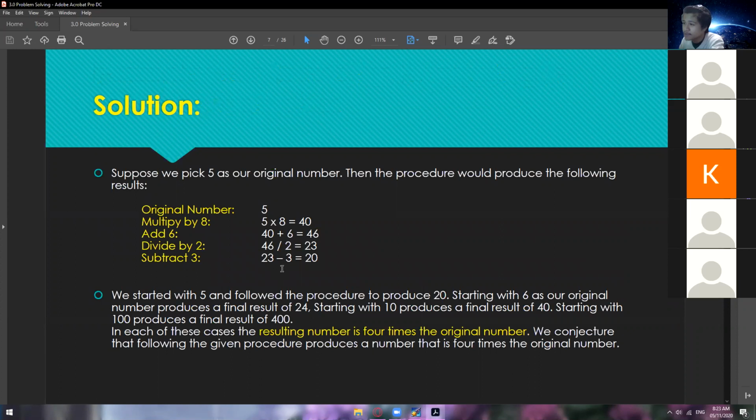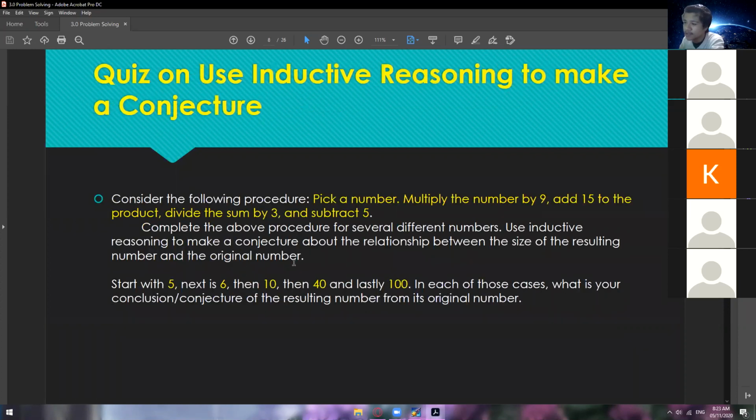After this solution, you're going to have a quiz. It's the same process, and you have 5 procedures. Complete the procedure for several different numbers, and then use inductive reasoning to make a conjecture about the relationship between the size of the resulting number and the original number. You can start with any number; this is just a base.